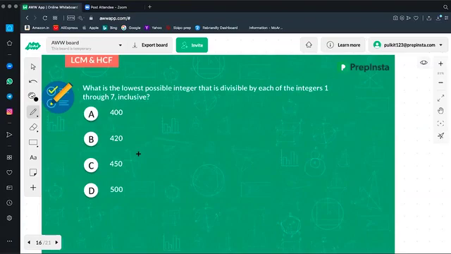Okay. So here's the next question on your screen. It says, what is the largest possible integer that is divisible by each of the integers 1 through 7 inclusive?